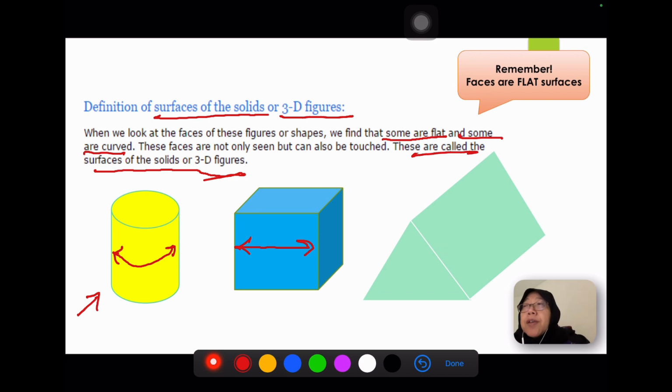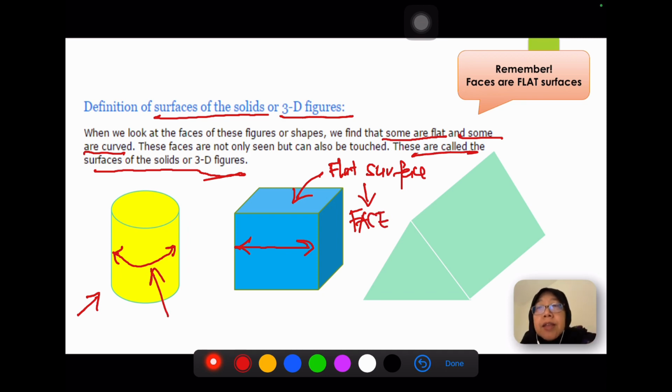So remember, faces are flat surfaces. This term is found only in geometry, where we define faces which are flat like this. They must be flat surfaces, only then can you call them a face. If it is something like this, which is a curved surface, you just call it a curved surface.